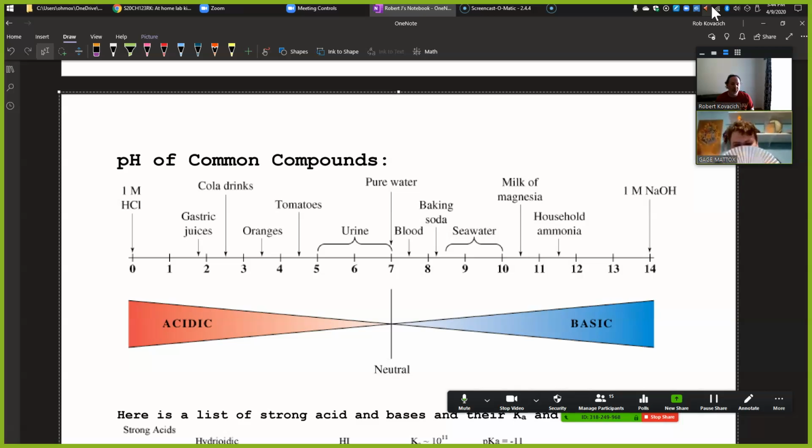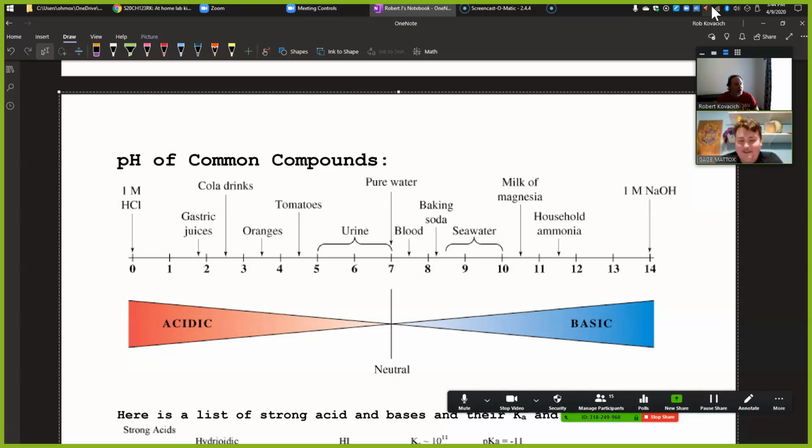The difference between 5 and 7, as far as the pH scale goes, is 100. So if you're super dehydrated and you go pee and you're like, damn, that burns. It's 100 times more acidic, so of course it's gonna hurt.